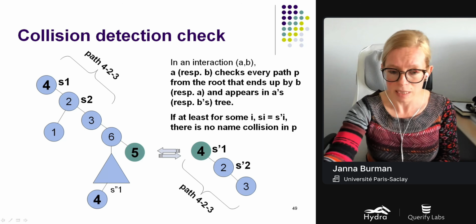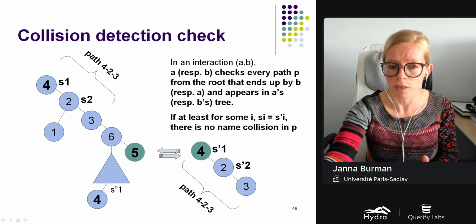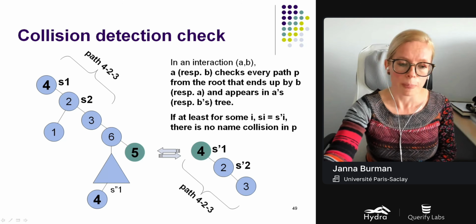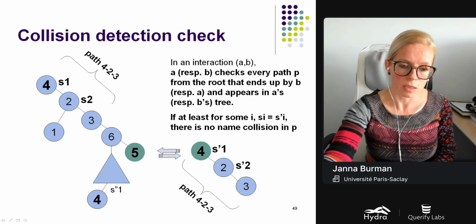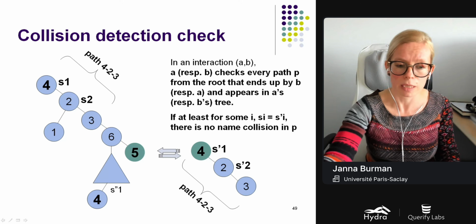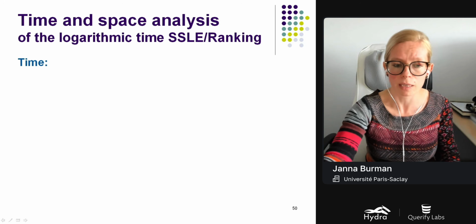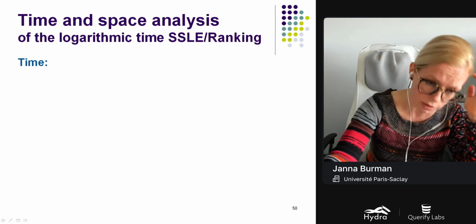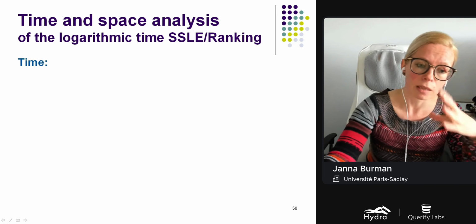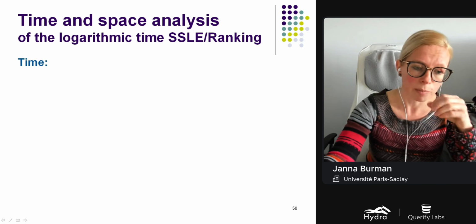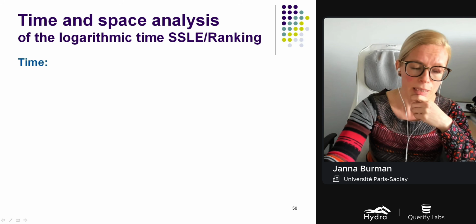Okay, so this is the idea of the algorithm, and once again we can show that this is enough to keep such trees of logarithmic depths, and this also takes logarithmic time to get such trees. And now I will do some summary of the time analysis.